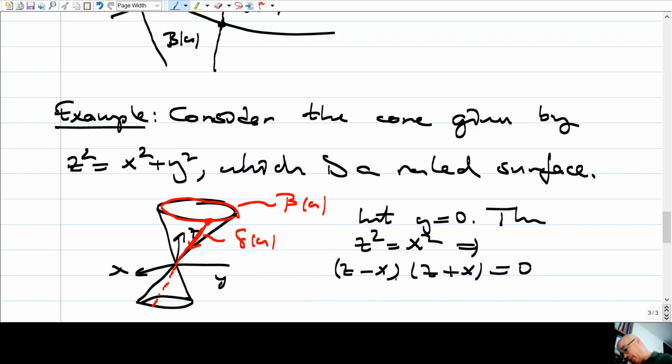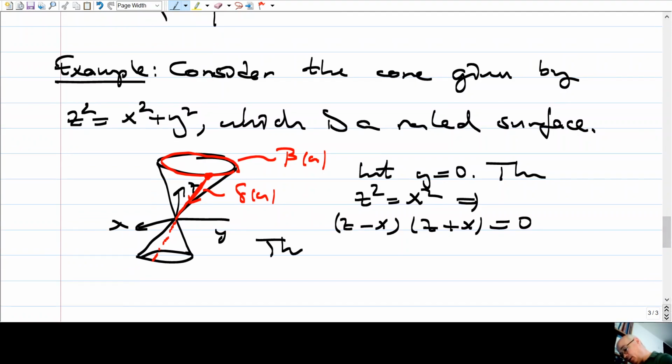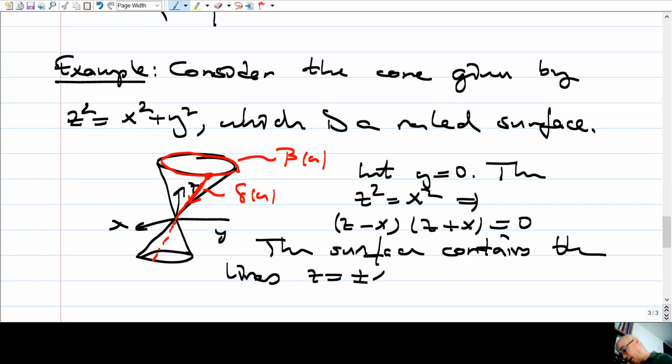So this means the surface contains the lines z equals plus or minus x, and actually they are just these lines. Your surface is obtained by just taking one of these lines and rotating it about the surface.